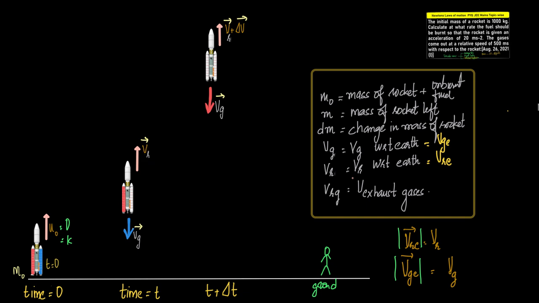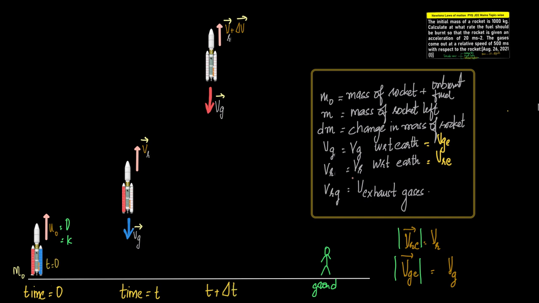Here I have used the velocity vector and not the magnitude. So this is velocity vector vr. What is vr? Vr is the magnitude of the velocity vector vre, which means velocity of rocket with respect to earth. And vg is the magnitude of the velocity vector vge, which means velocity of gas with respect to earth.